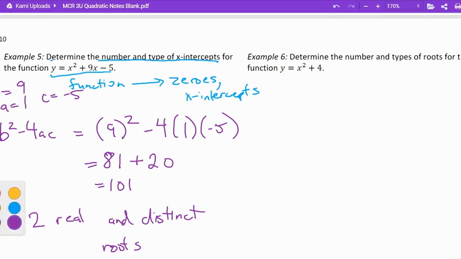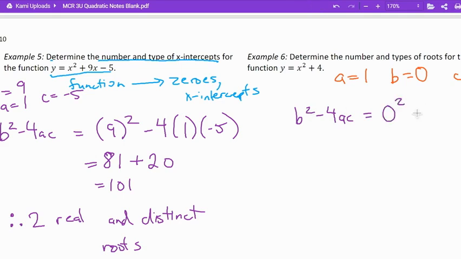Miss Sly, what do we do in this case? Where did the B go? What's the B? It is 0. Zero squared, that's interesting, minus 4 times 1.